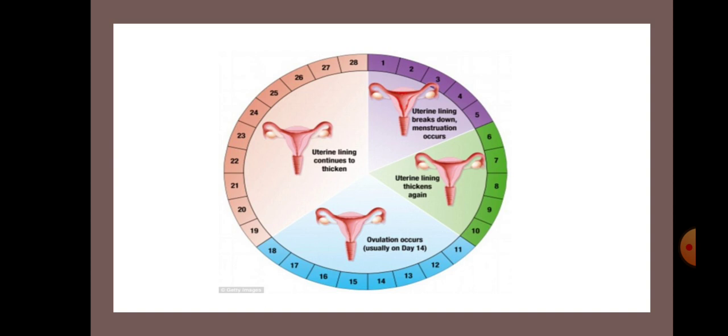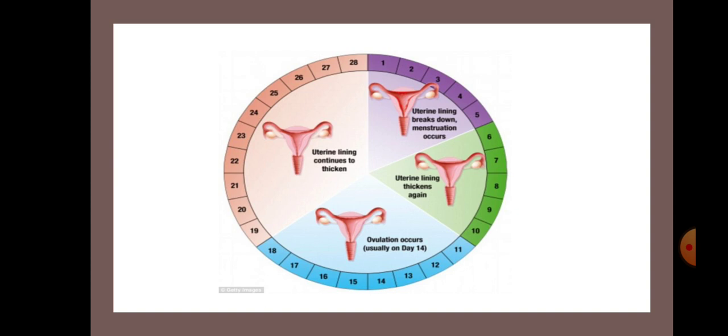Over the next 2 weeks, the follicle transforms into a structure known as the corpus luteum. The corpus luteum at this time releases progesterone with small amounts of estrogen. The hormones maintain the thickened lining of the uterus while waiting for a fertilized egg to implant on the wall.